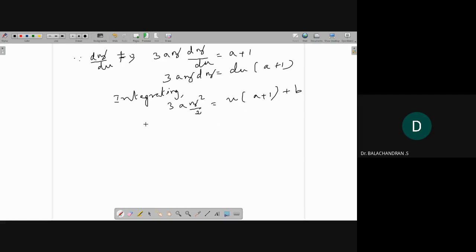So 3 by 2 a z square equal to a plus 1, but u is what? U is capital X plus a capital Y plus small b, which is a complete solution of equation 2.